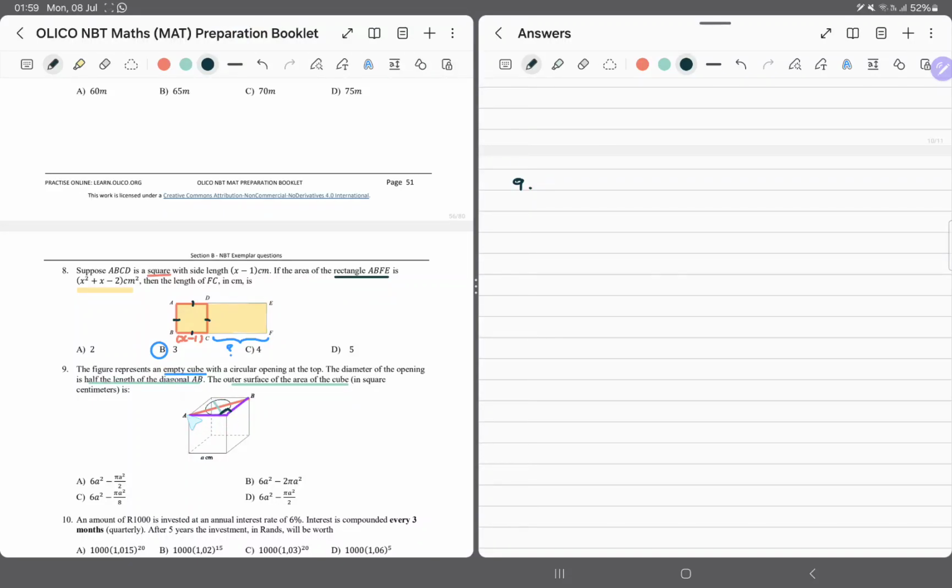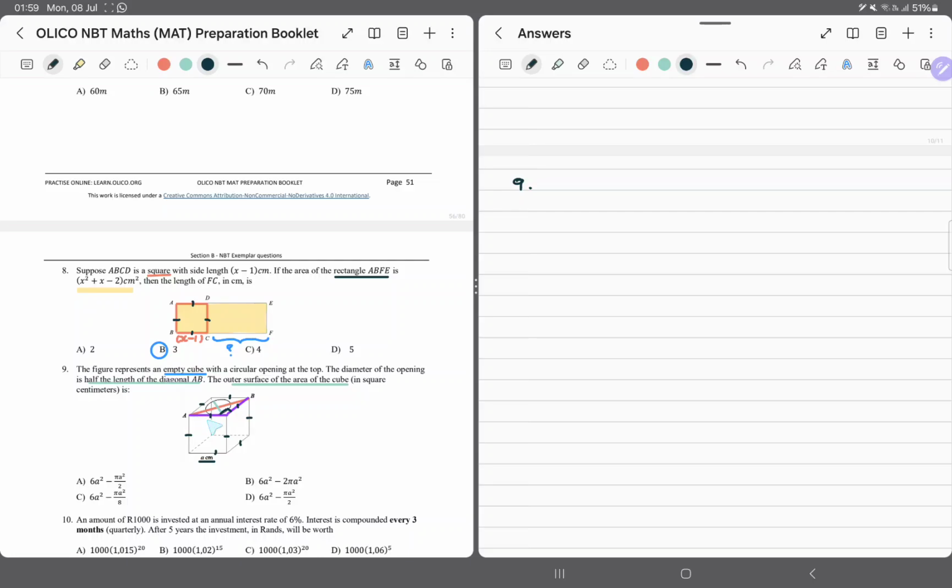So if this is 90 degrees, we can actually calculate the length of AB. And mind you, we're given that this is 8 centimeters. So we know that in a cube, all sides are equal. All right? So all the sides are equal because it's a cube. So literally, we know the dimensions of this thing here.